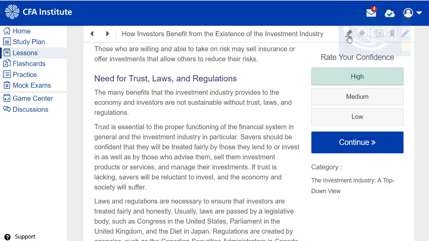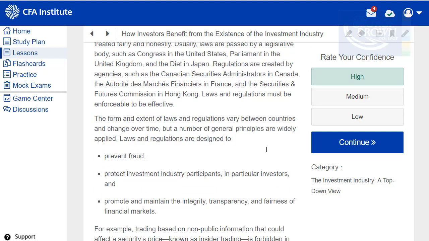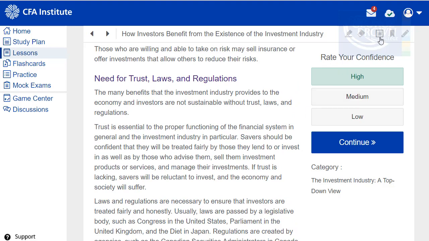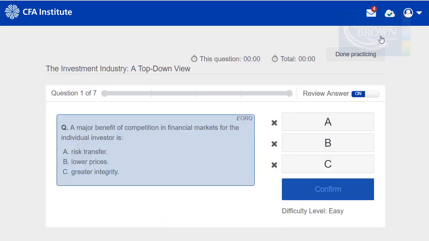But one of the things I wanted to point out here that is quite neat is that while you're reading through, if you want to practice a question, you can click on the icon up here. This icon right here is to practice a related question. So I've just been reading through the need for laws, regulations, and trust, and if I click here, it'll bring me up a practice question right away.